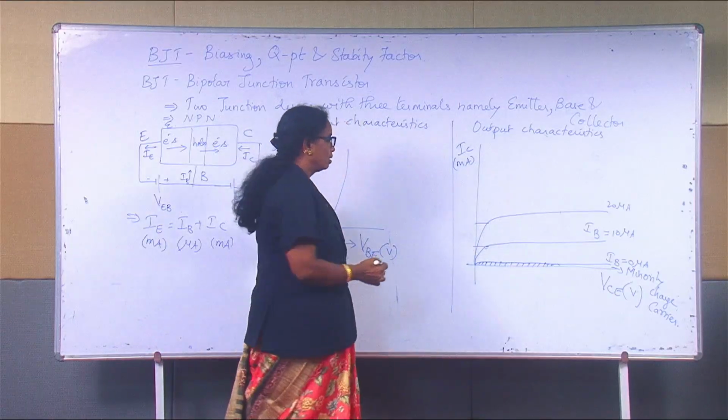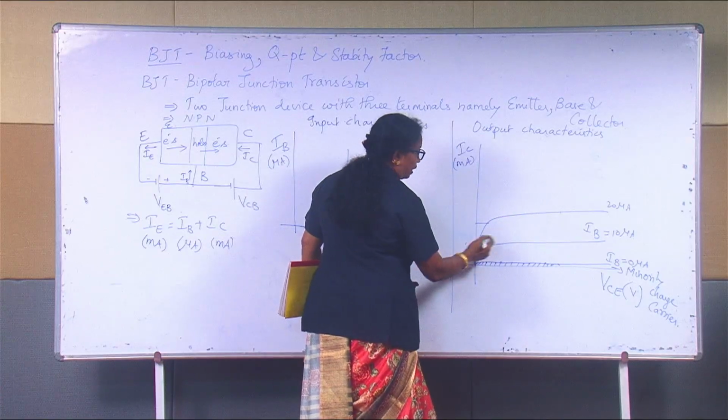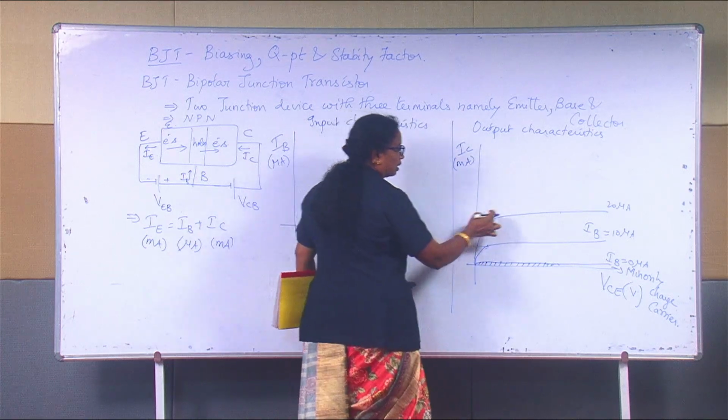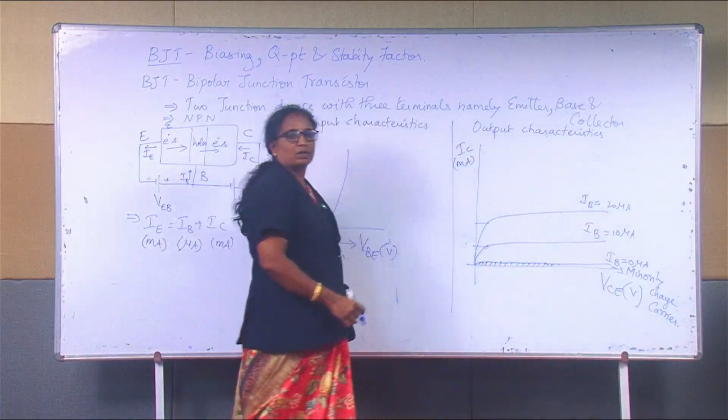So this is the value of collector current at say IB equal to 10 microamps, and this is the value of collector current for IB equal to 20 microamps.